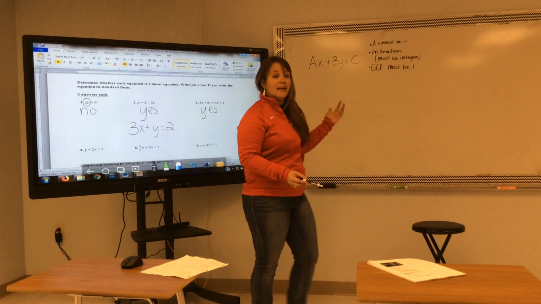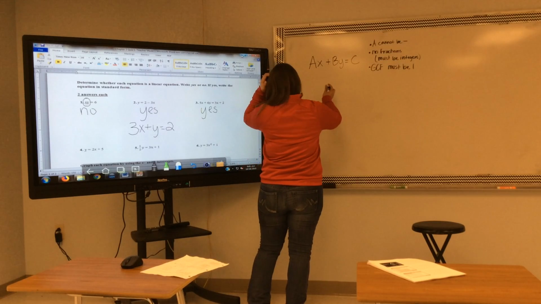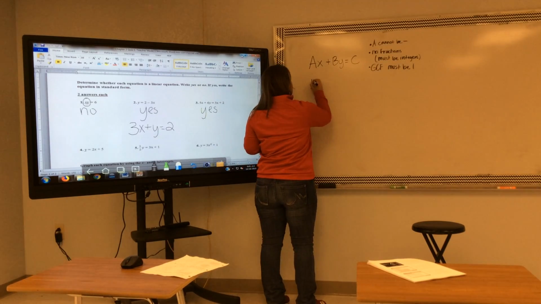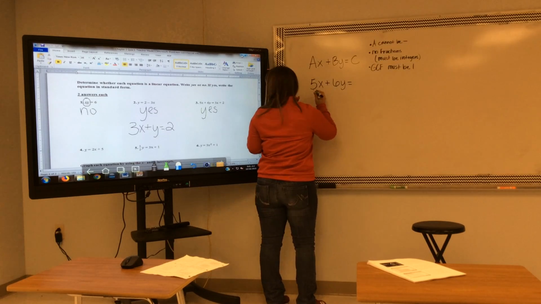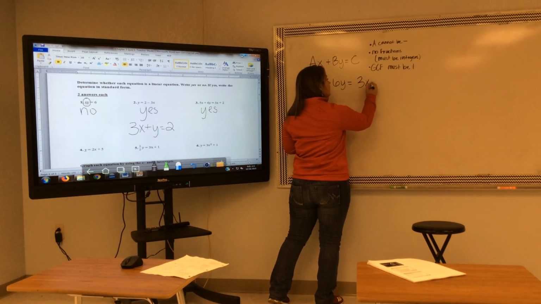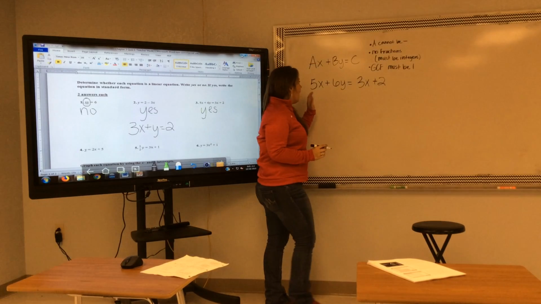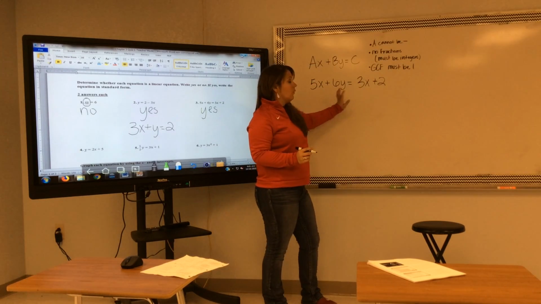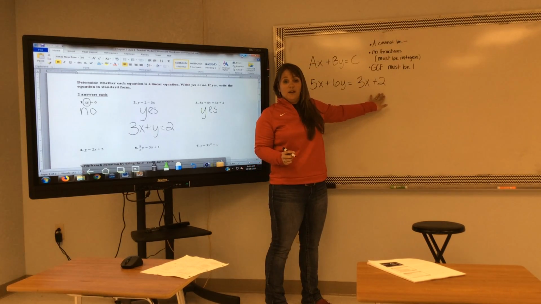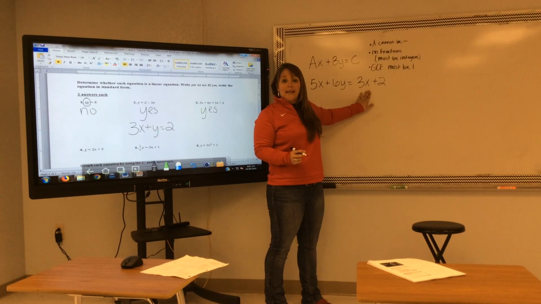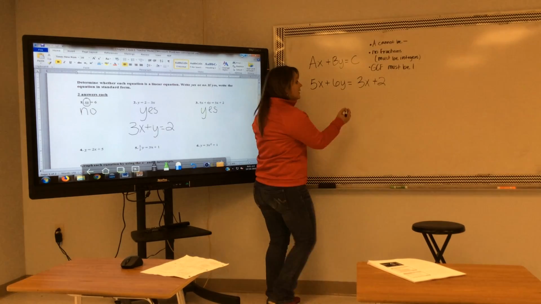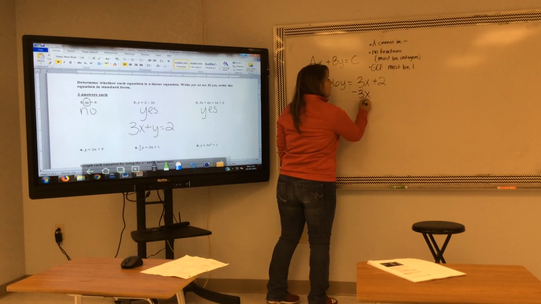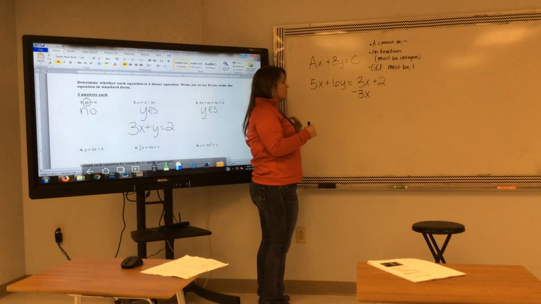Now I need to make sure that I get it in standard form. I have 5x plus 6y is equal to 3x plus 2. Well, I have x and y on my first side like I want, but I also have some x's over here. So I need to get rid of them over here to leave just the 2 by itself. So if I have 3x, to get rid of 3x, I'm going to subtract the 3x. But if I do it to one side, I have to do it to the other.